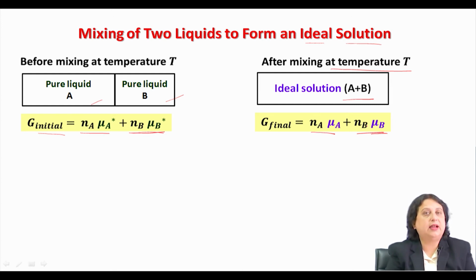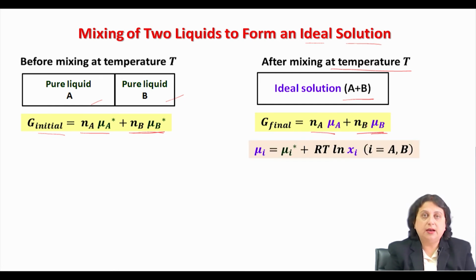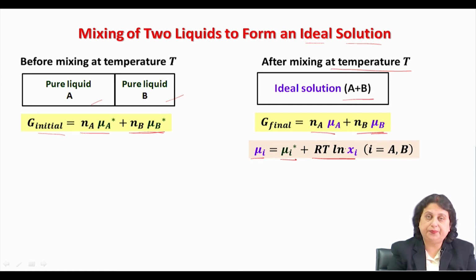Now you understand that the reason why I could write these expressions for G initial and G final is that I'm using the Gibbs-Duhem relationship. And now, knowing how to relate the chemical potential of the ith component of the ideal solution, I know that mu I must be equal to mu I star plus RT ln xi for each of the components A and B in this binary ideal solution.